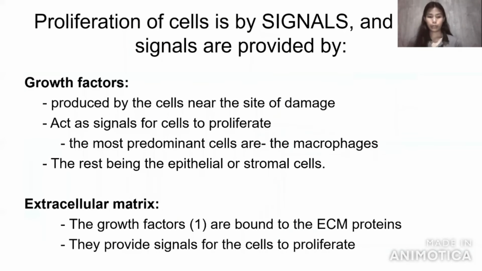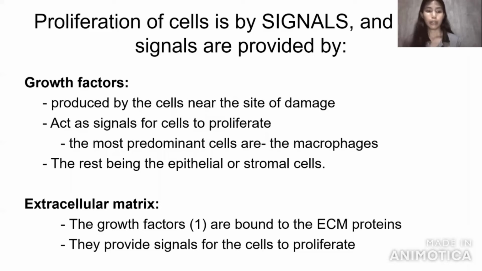Now that we know that cells proliferate, right? All these cells proliferate by signals. And what are those signals? These signals may be provided by growth factors. The signals are provided by the growth factors and the extracellular matrix produced by the cells near the site of the damage.